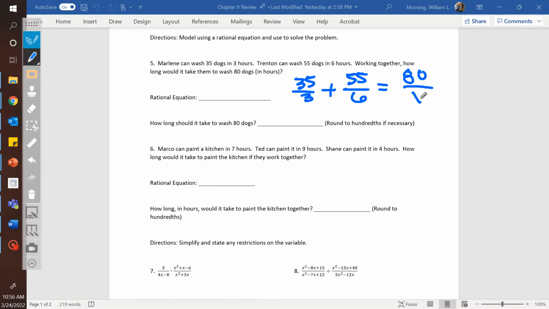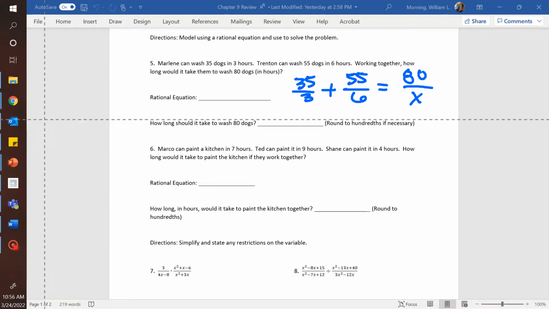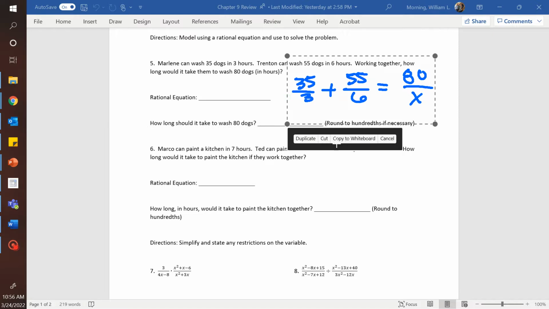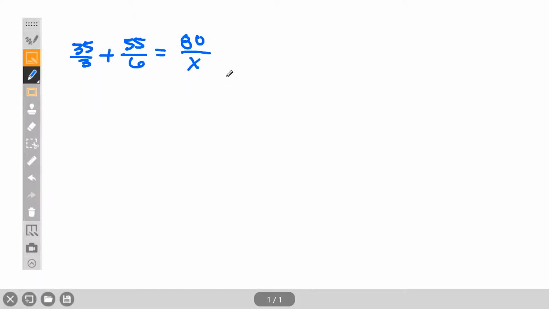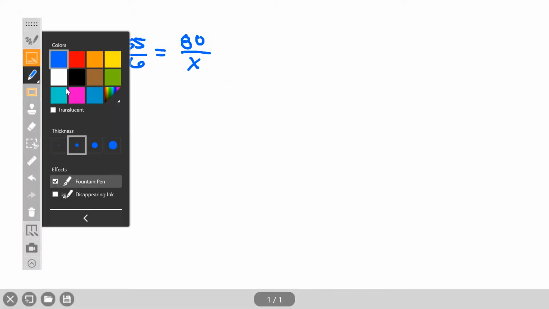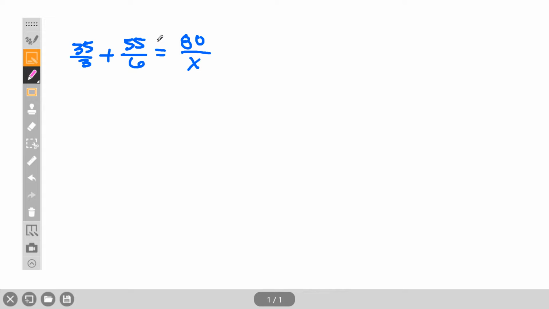So 80 dogs in some x hours. So this would be our rational equation. And then we can solve this rational equation for the denominator x to see what our solution should be by multiplying them all to give them a common denominator. In this case, 6x would be fine as a common denominator.